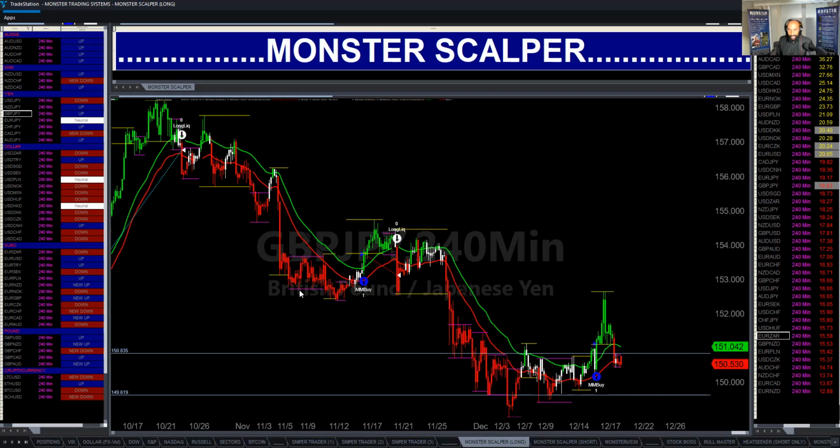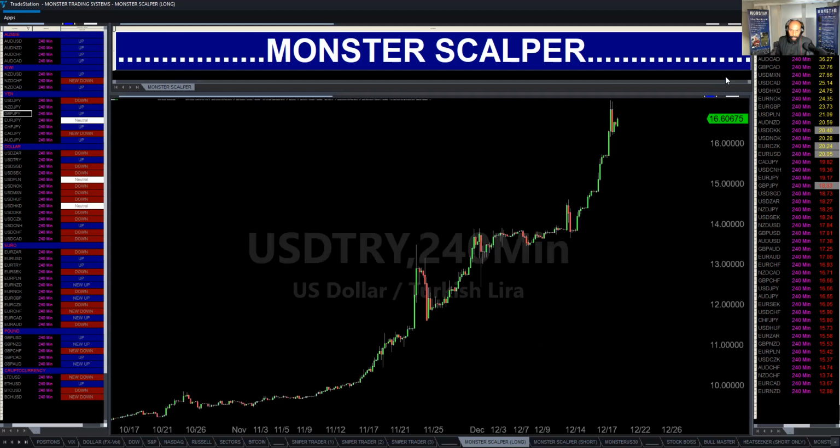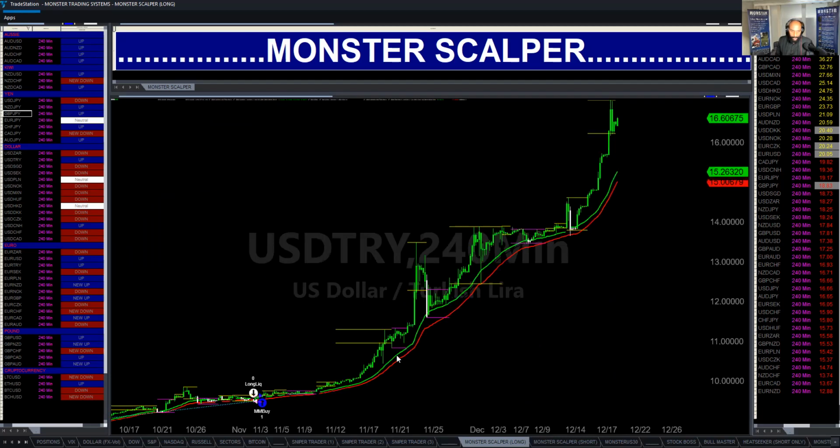I know it's hard if you're trading manually to track all the pairs, and that's why most traders only focus on their favorite pairs, usually 3 or 4. But if the pair is not trending and is consolidating, you're going to be stuck with it, and you might miss out on other pairs that are trending like this.